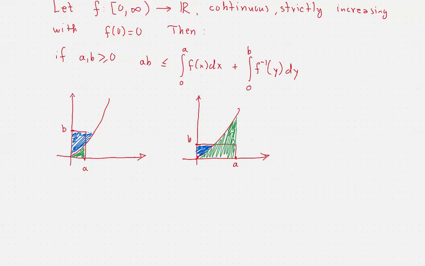Finally, we also have the case where A and B completely align. So A, B is on the graph.